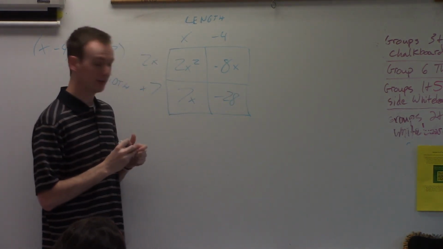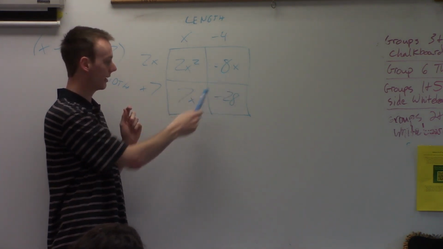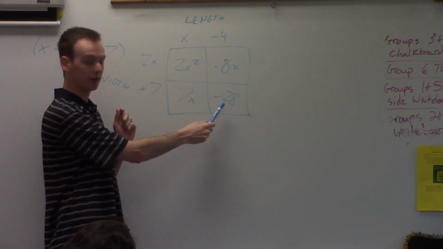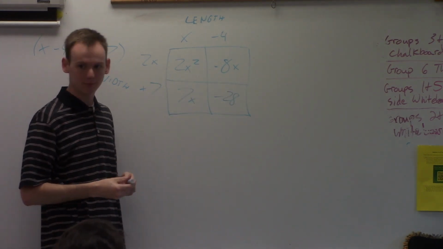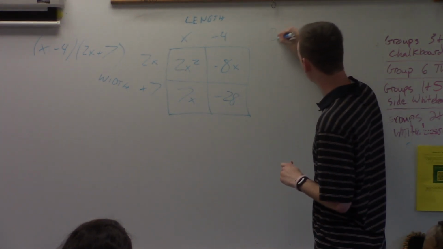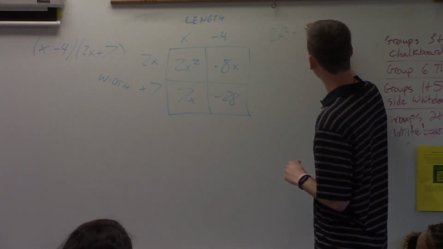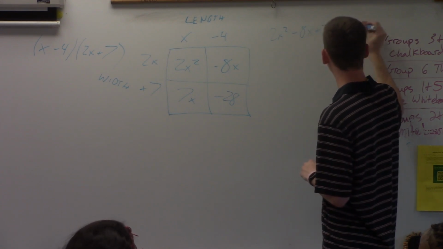Now, this piece is 2x squared, this piece is -8x, this piece is 7x, this piece is -28, and I want to know the area of the whole rectangle. What would I do? Add them up. It's easy. So I have 2x squared minus 8x plus 7x minus 28.